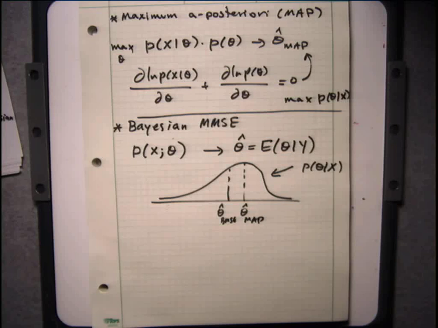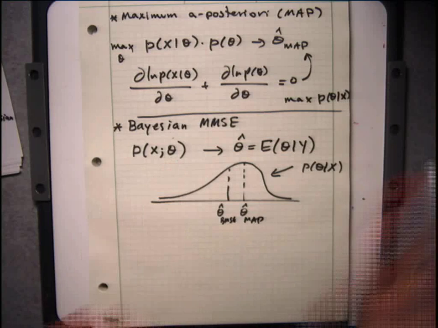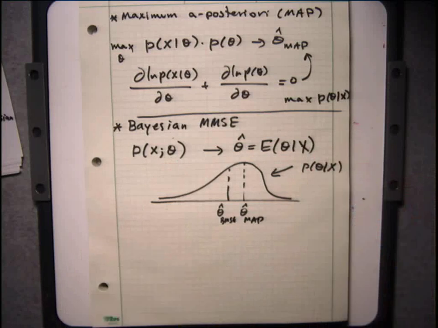So one case in which this happens is when theta and x, this is x, not y, sorry, are both jointly Gaussian. Okay. So in that case, the Bayes minimum mean squared error is the same thing as the maximum a posteriori estimate, because everything ends up being symmetric around the mean. Okay.